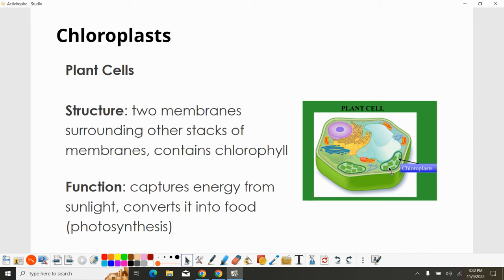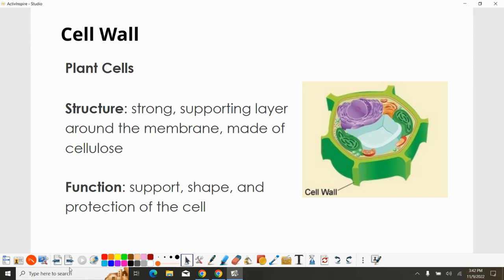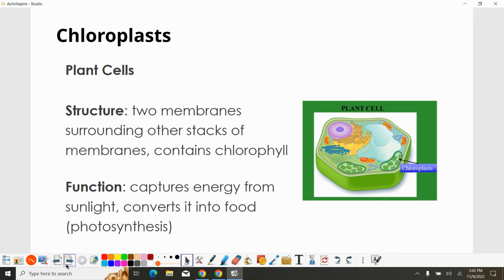This is where you find the chlorophyll. This is where photosynthesis happens. This is where energy from the sun is captured and converted into sugars, converted into food for the plant. So cell walls and chloroplasts are our two plant-only organelles.